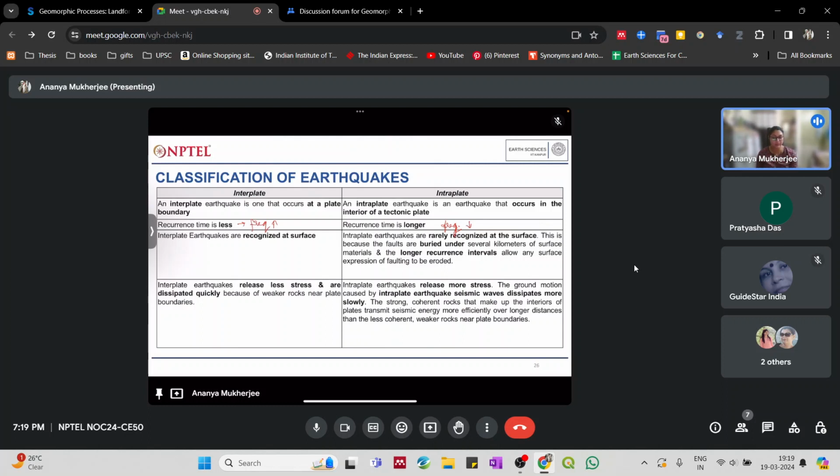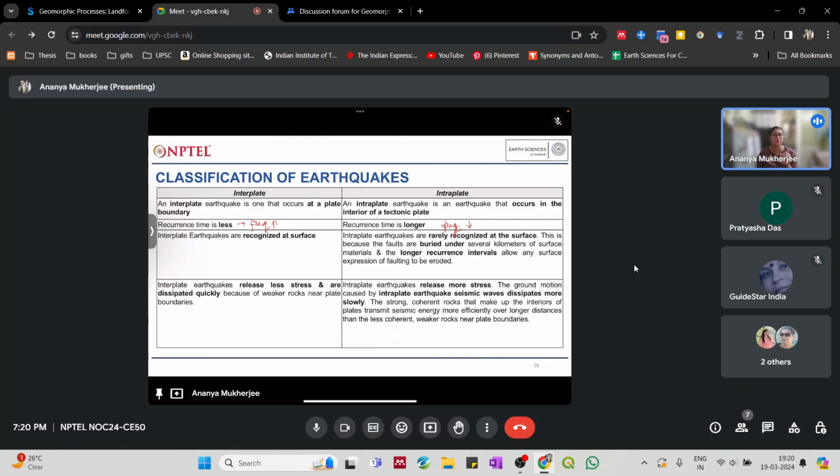So interplate earthquakes can be easily recognized on the surface because they are between two plate boundaries, and you get features like mid-ocean ridges in oceanic settings, and if it's converging boundaries between two continents, you have mountains. So we know that these areas are the hotspots for any interplate seismic activity.